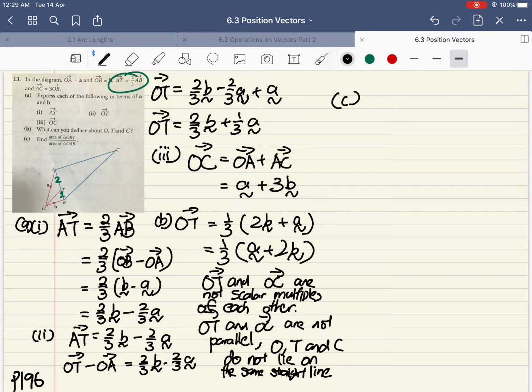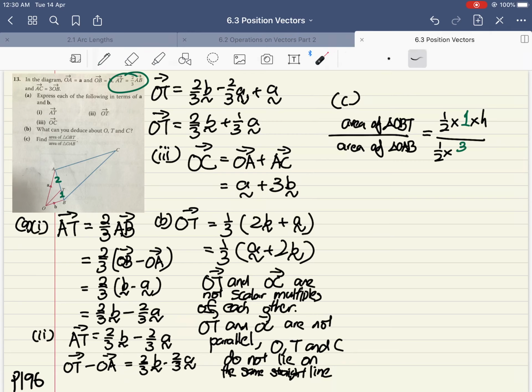So with the information that they are triangles with the same height and the ratio 2:1, area of OBT, let me write it down. Area of OBT is half times base, in this case 1 unit, times the common height h, over area of OAB, which is 2 plus 1, so it gives me 3 units.